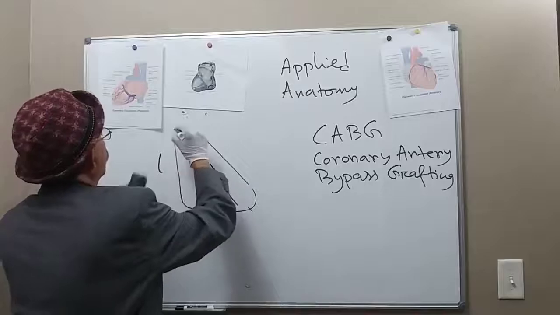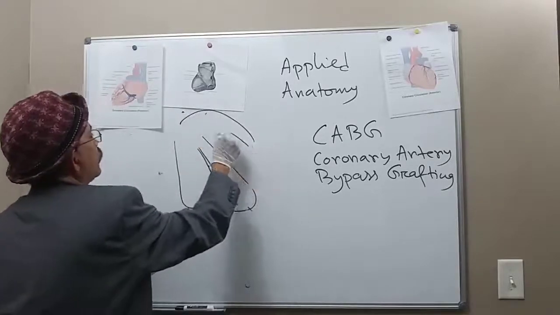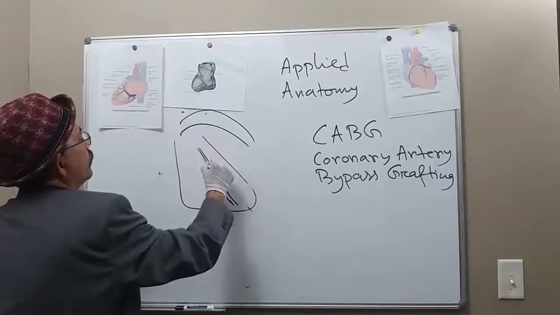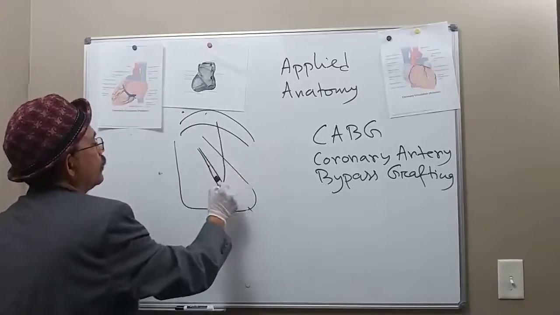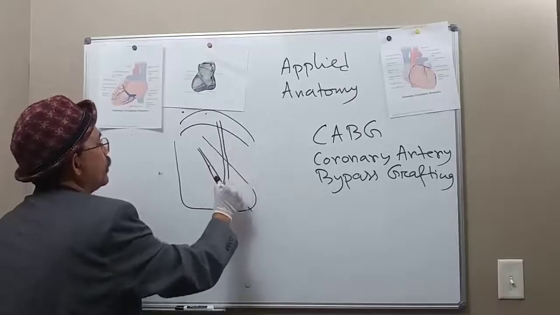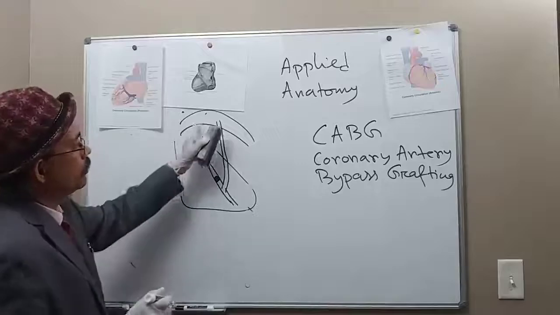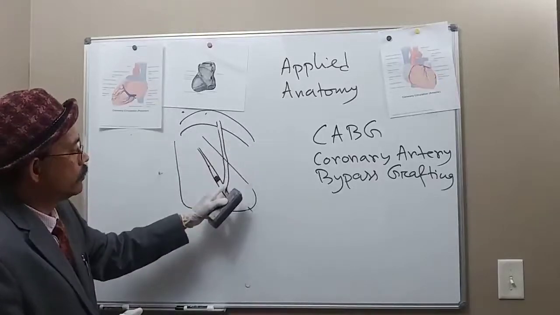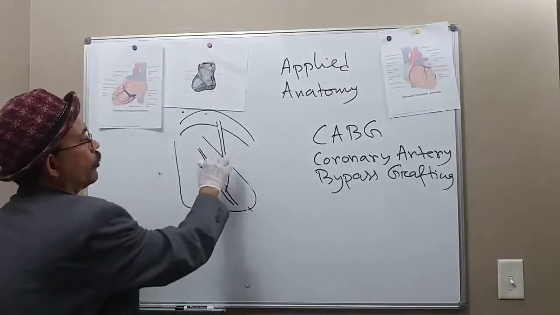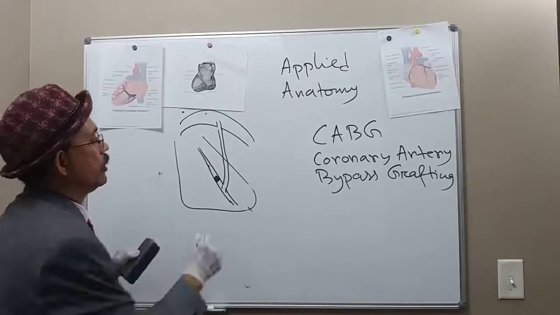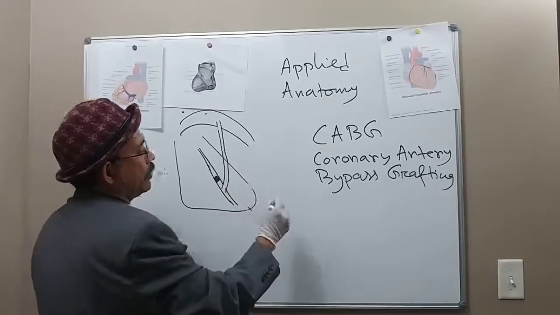This is the arch of the aorta. Some artery should communicate from here to here so that blood will go from the aorta to this part. What is this bypass structure?